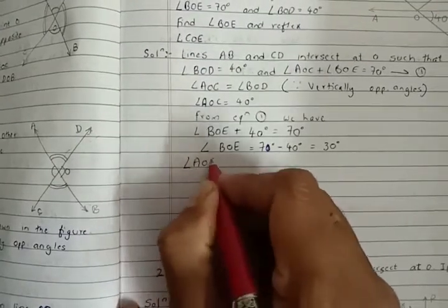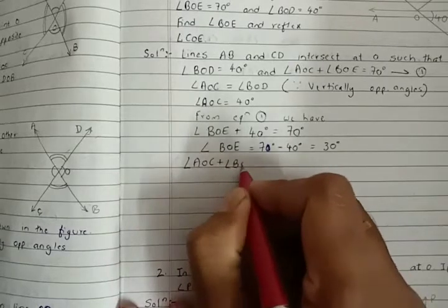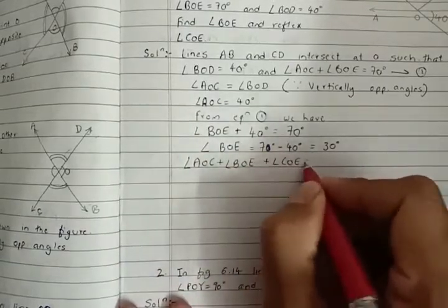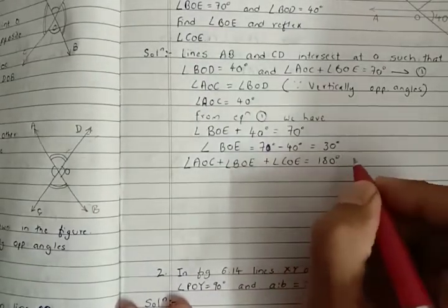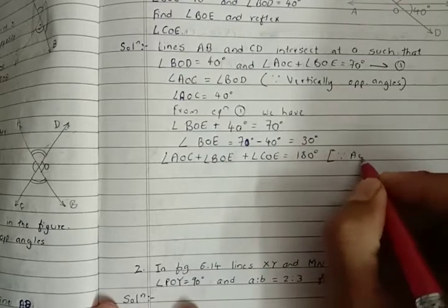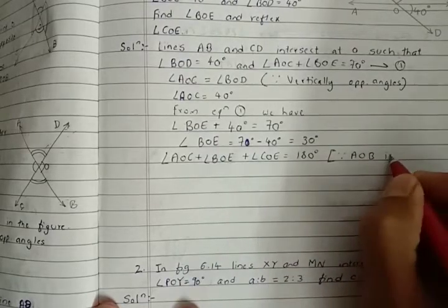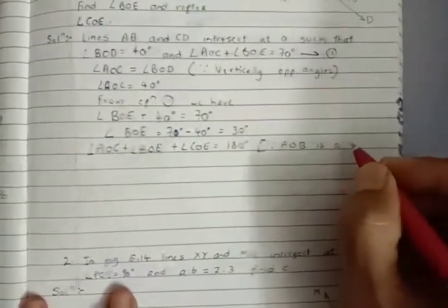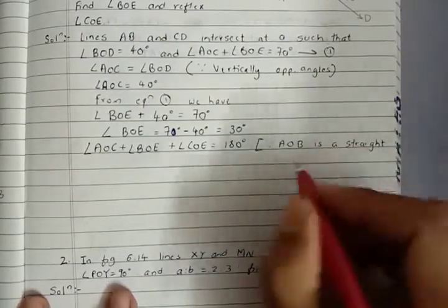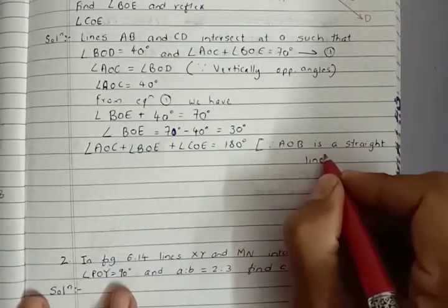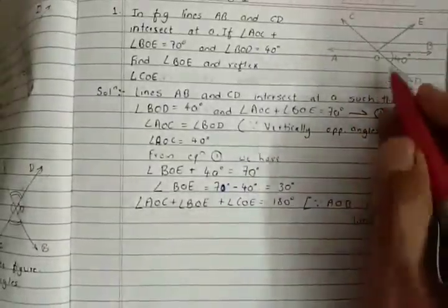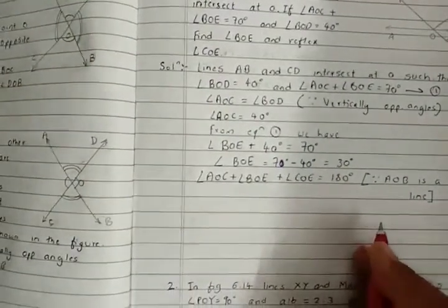Angle AOC plus angle BOE plus angle COE equal to 180 degrees. How can we say that? Because AOB is a straight line, so we can say that the sum of all these angles will be equal to 180 degrees.